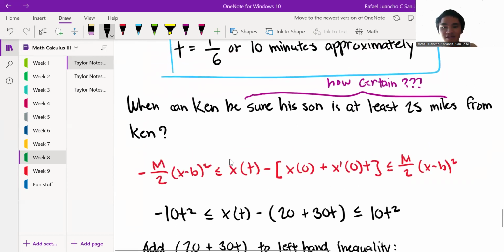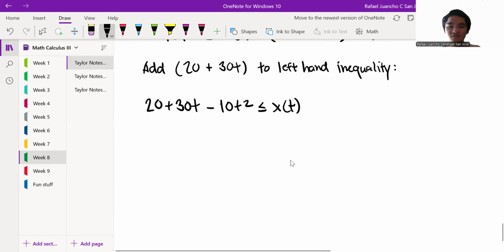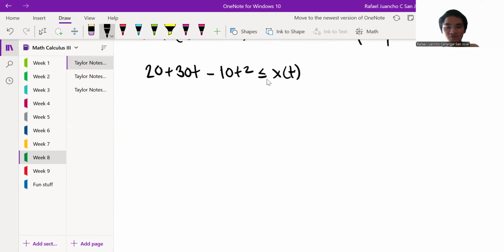So another way to write this, at least 25 miles. We want to say that the distance is greater than or equal to 25, in a mathematical way. And so to guarantee that 25 is less than or equal to this.